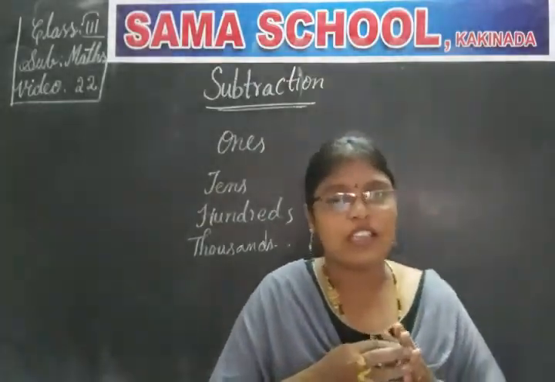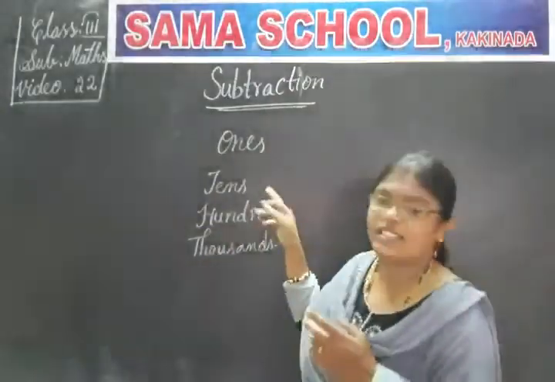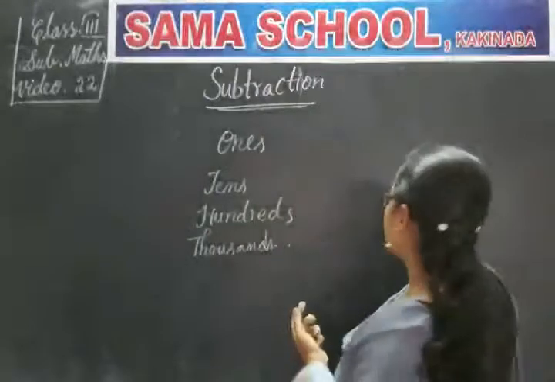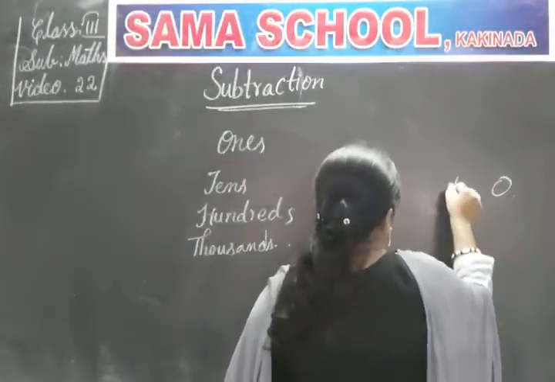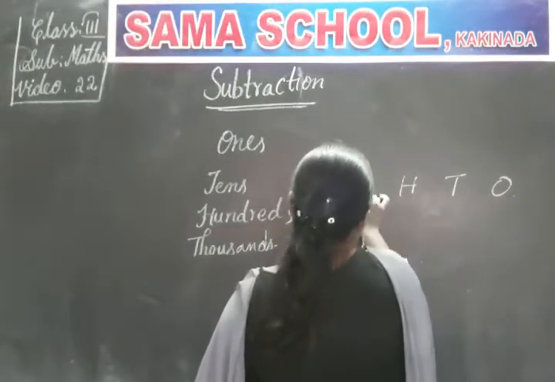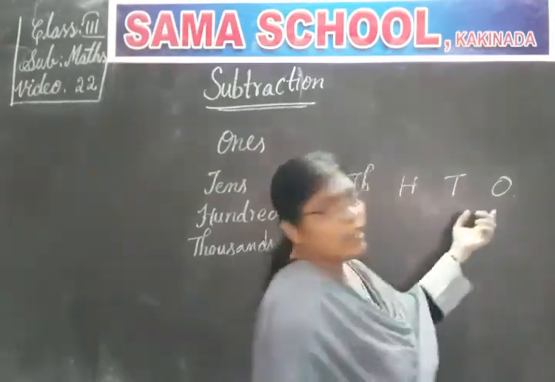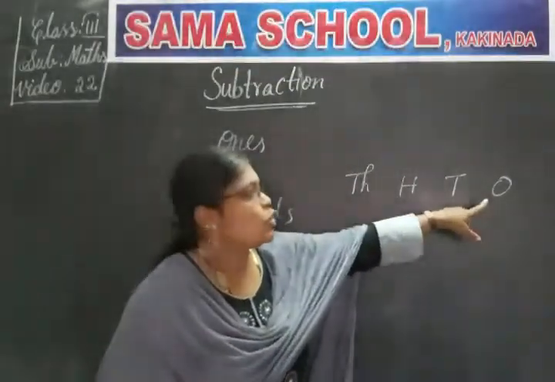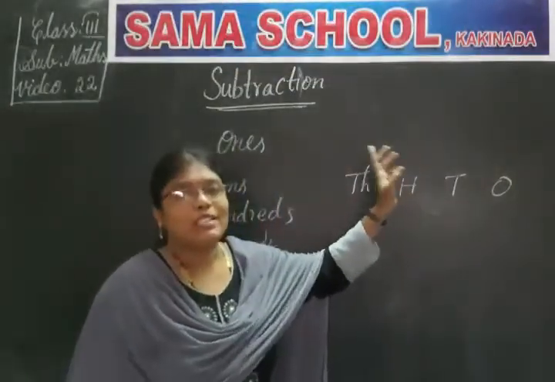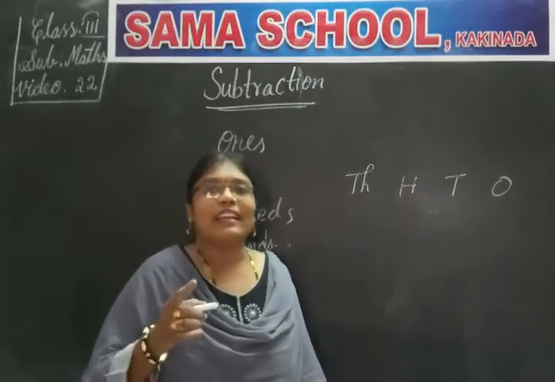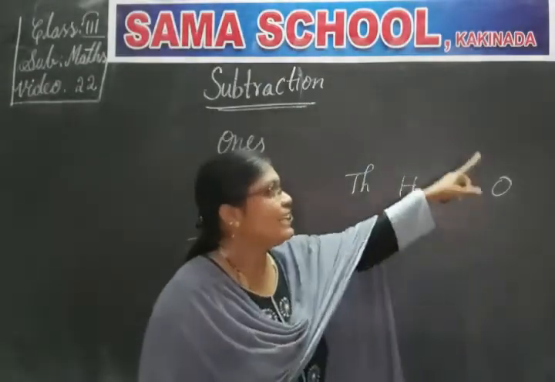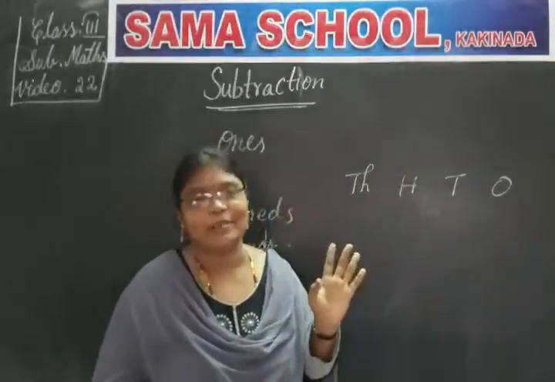Suppose if we see ones to tens, that means see here ones, tens, hundreds, thousands. From ones place to tens place, the value of the number increases by 10 times.